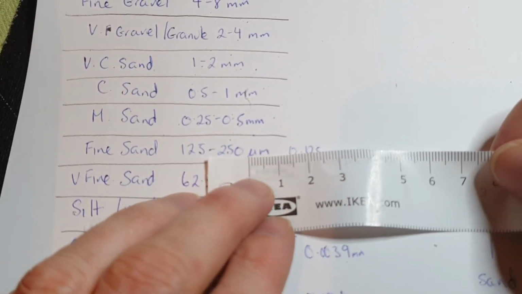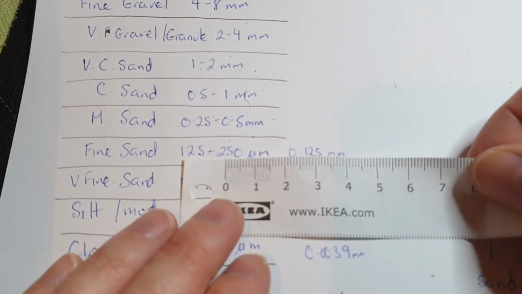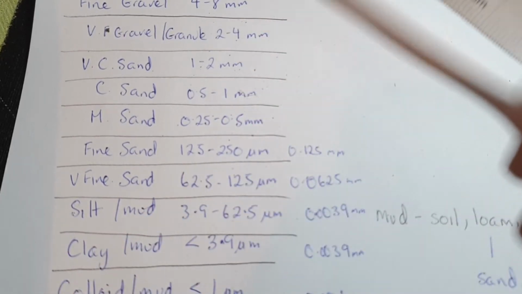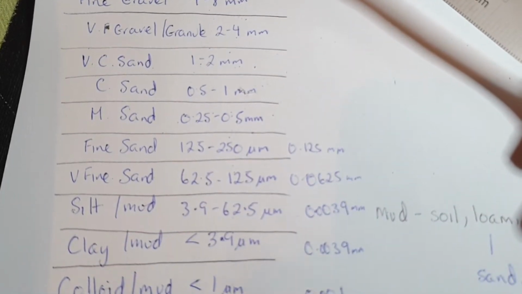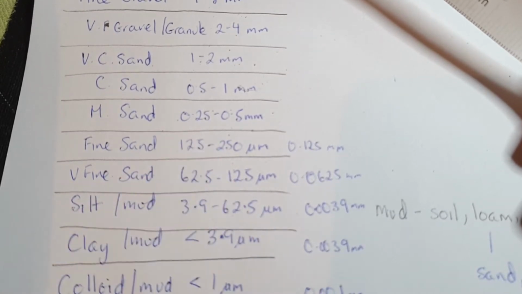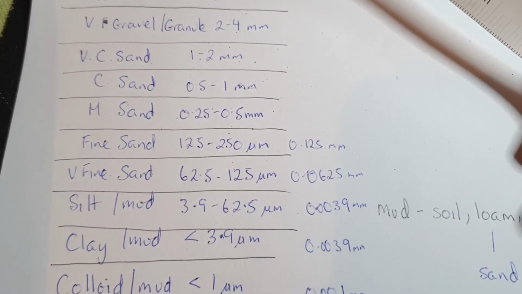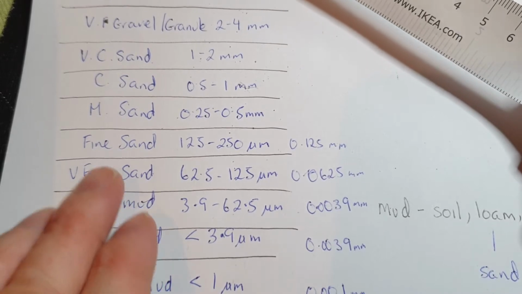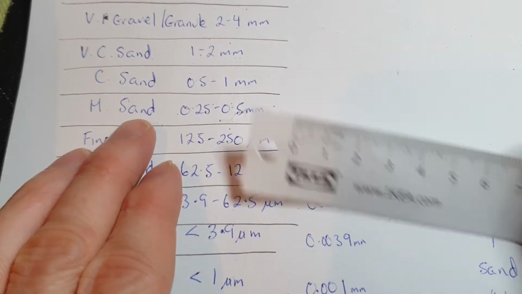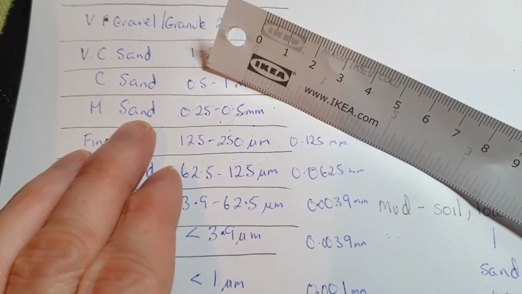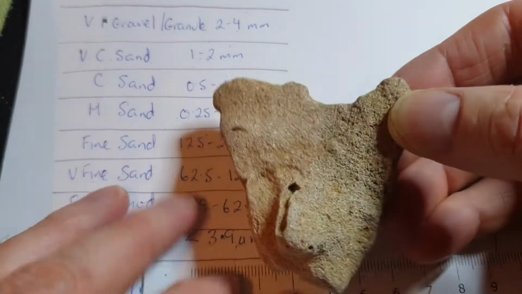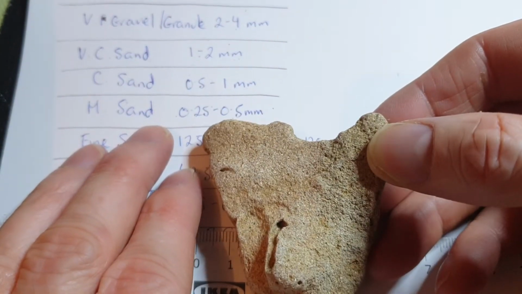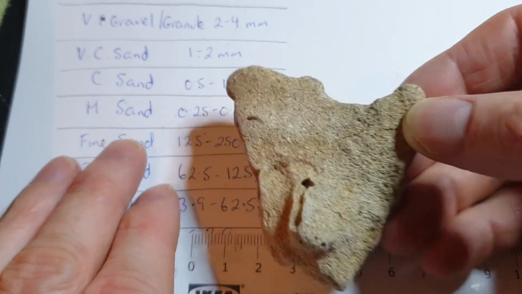So that is a thousandth of a millimeter. You need to use that to designate it, because then you don't have to put so many zeros. So that rock there is 0.25 to half a millimeter, which is a medium sand.